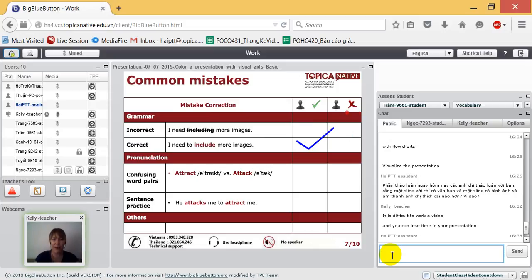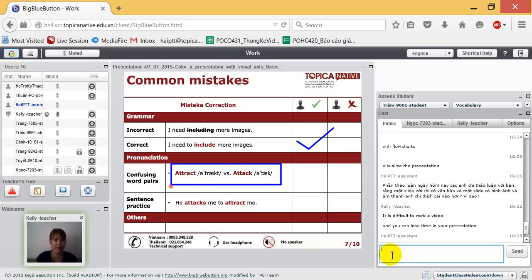Next we have two words that I want to go over with you for pronunciation. The words are attract and attack. We have to be very careful with pronunciation with these words. If you forget any letters, they could end up sounding very similar.